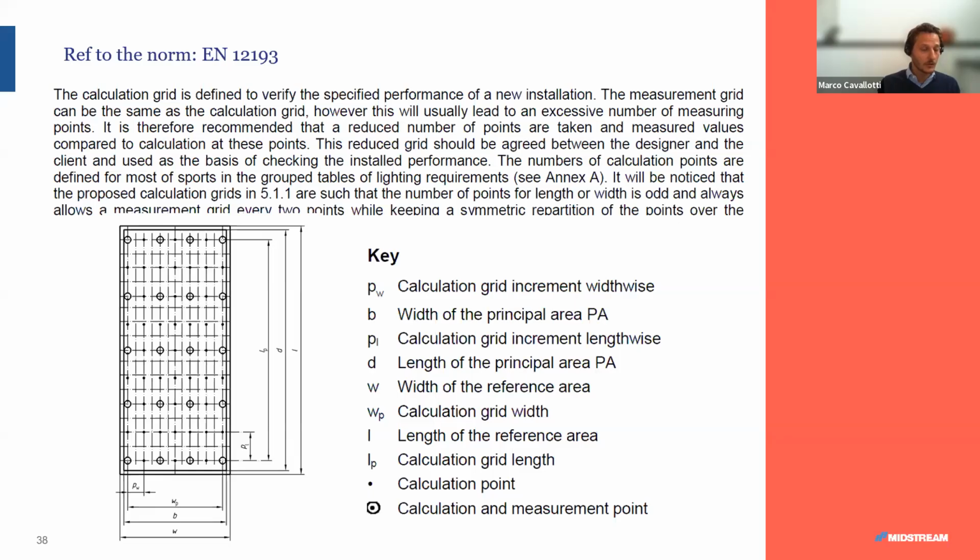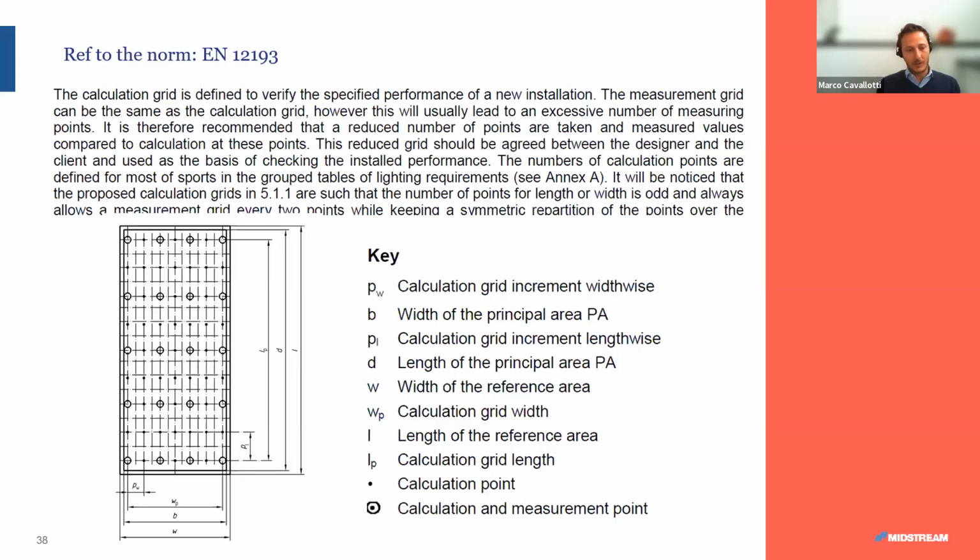And as you can see, it considers a gap between the outer lines and the first reading points, and then just half of the points to be checked on site compared to the design in the software.